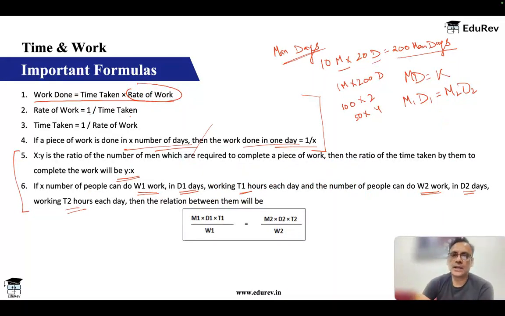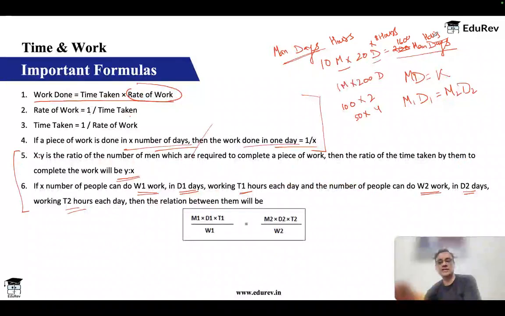Then if I further advance it, I say men, days, and they work for a certain number of hours in a day. Let's say 10 men work for 20 days and they work for 8 hours per day. I'm using one more variable. So 10 into 20 is 200, 200 into 8 is 1600. So now it is 1600 man hours. And now my work gets defined as man hours, not man days.